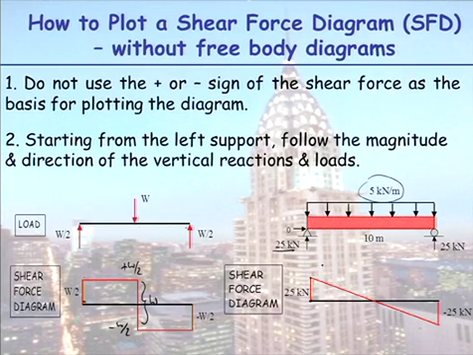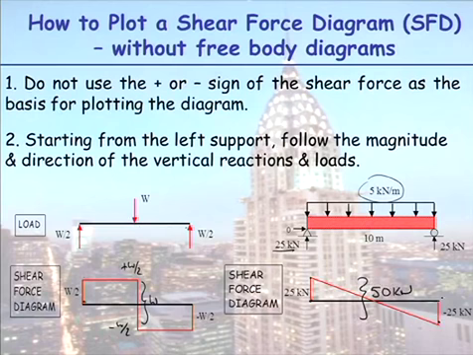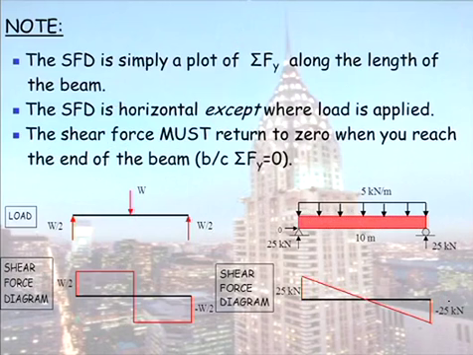So you know that is a linear drop. So by the time you get to the other end, it's dropped by 50. So this step in here this time is 50 kilonewtons. And then when you get to the other end, you hit the reaction, and you step back up, and you end up at 0. And that is how you plot a shear force diagram.